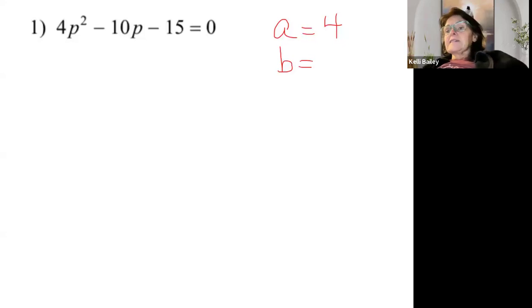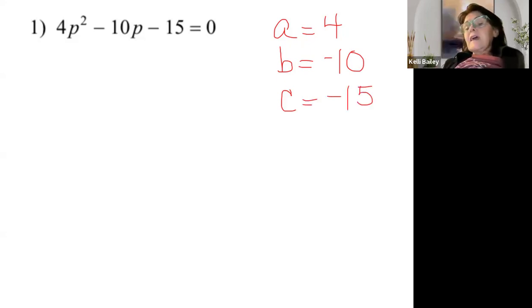We use that as a negative. That's a negative 10. And then c is your constant. It's the one with no variable. Again, we include that minus to be a negative. So that's negative 15.